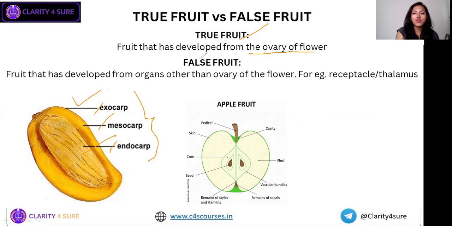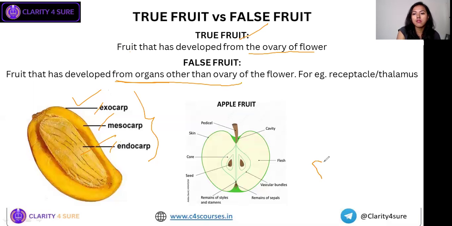Now in case of false fruit, whenever the fruit develops from organs other than the ovary, not just the ovary, then such kinds of fruits are called what? False fruits. Like in the case of apple, the edible portion of apple is what? It's the thalamus, like in the previous diagram I showed you, isn't it?